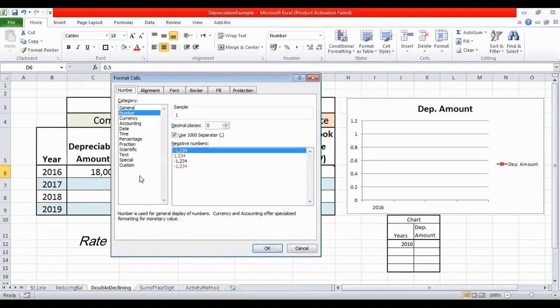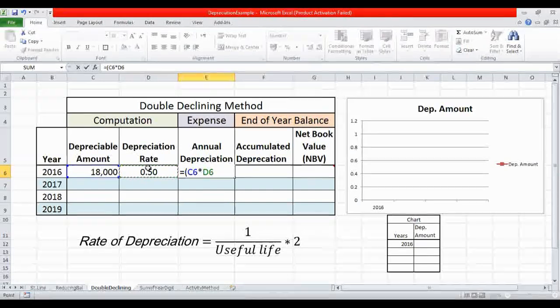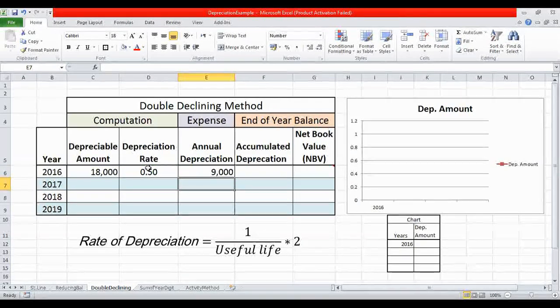Let's again change it to numbers. So you can see 50%. Now, for the annual depreciation, again, totally the same method. In order to calculate depreciation expense for a year, simply multiply the two values and it is going to give us the depreciation expense for this year. So depreciation expense for this year is 9,000.